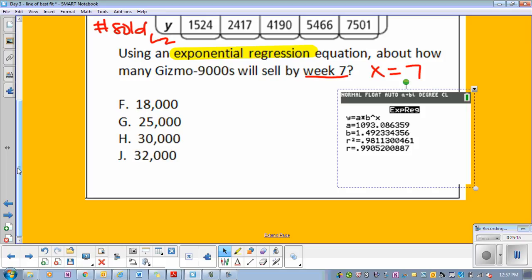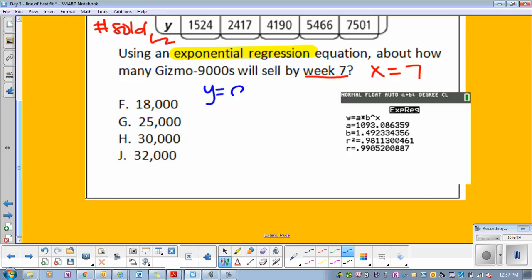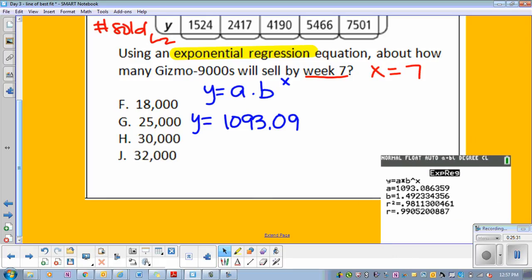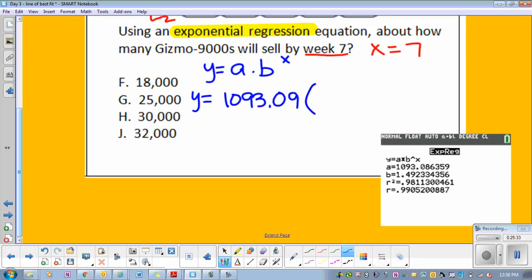Okay, so here's my standard equation. Y equals A times B to the X. Well, for A, they give me 1093.09 times B, which is 1.49, to the X power.